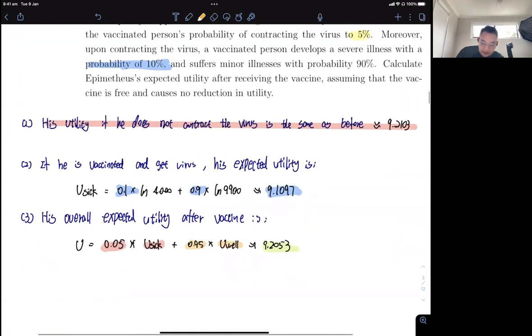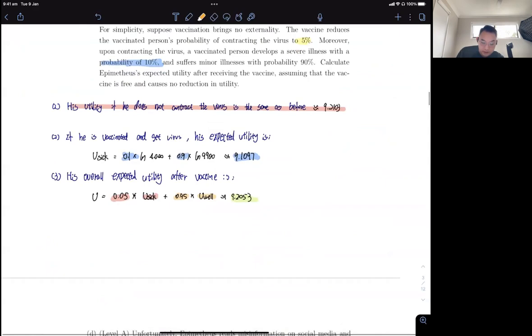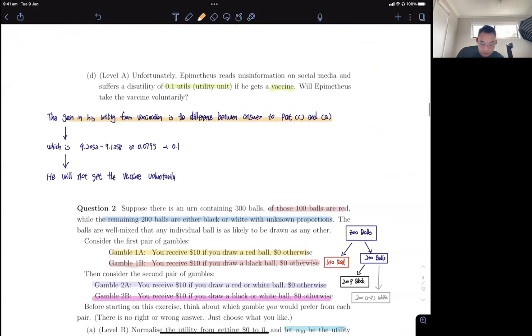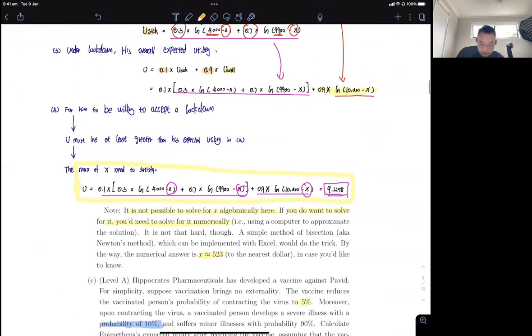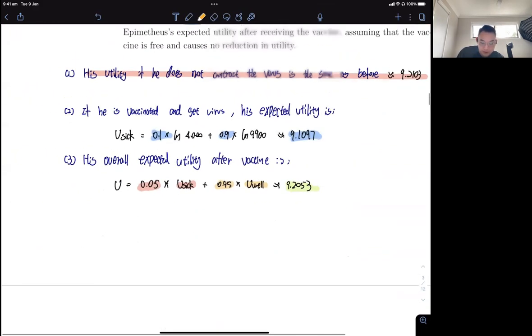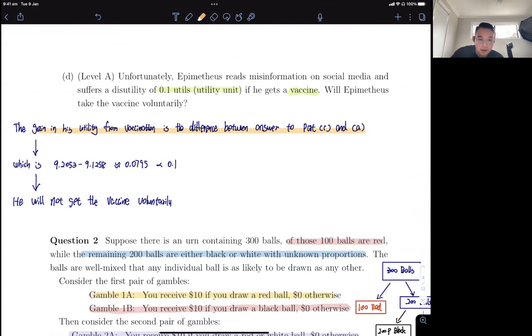If he takes the vaccine, his utility will be 9.2053. So all we need to compare is the difference between 9.2053 and 9.1258, against the disutility of 0.1. If the marginal gain of taking the vaccine is greater than the disutility of taking it, then he will take the vaccine.